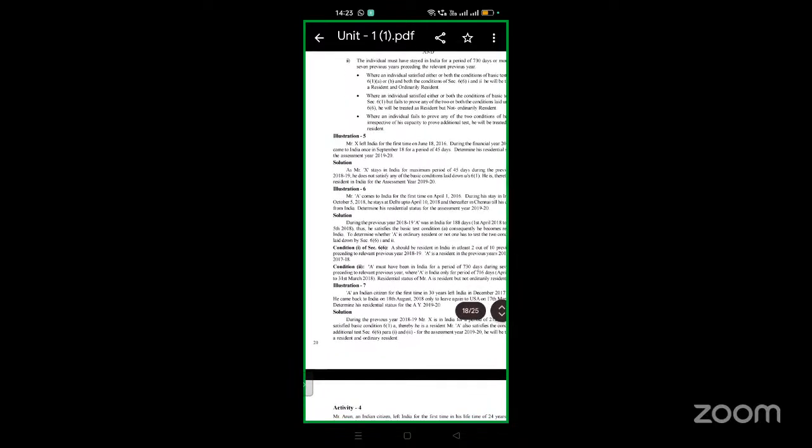So, this is how the residential status of an individual is determined based on the number of days they are staying in India, and also to make it very simple, that is resident but ordinary resident, or resident but not ordinary resident.